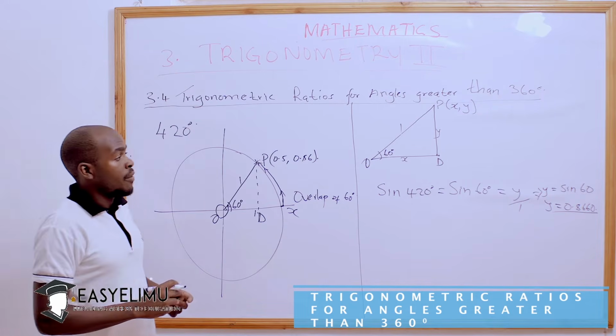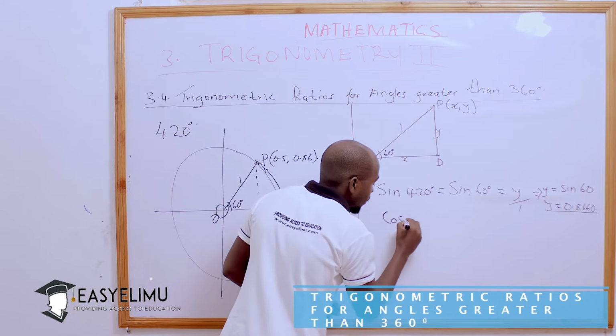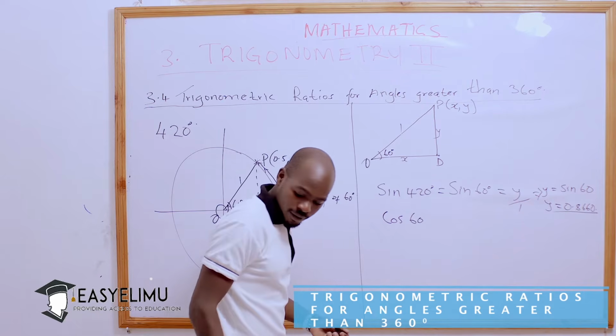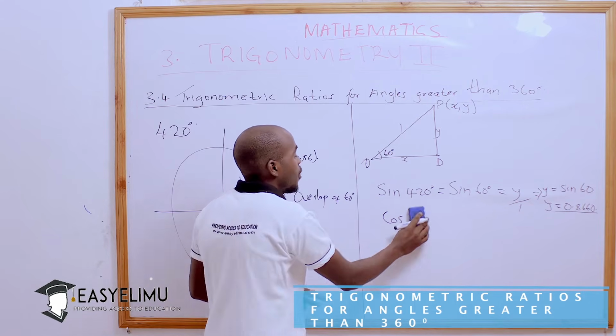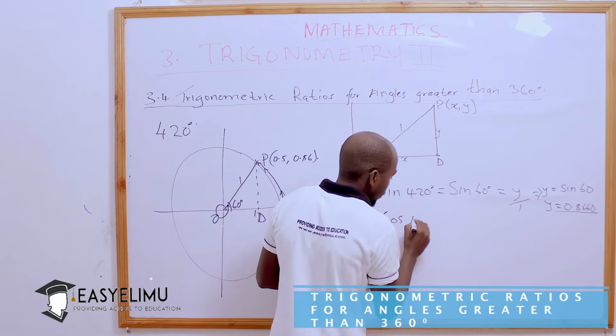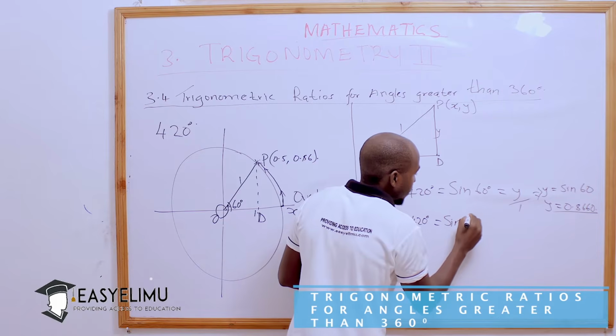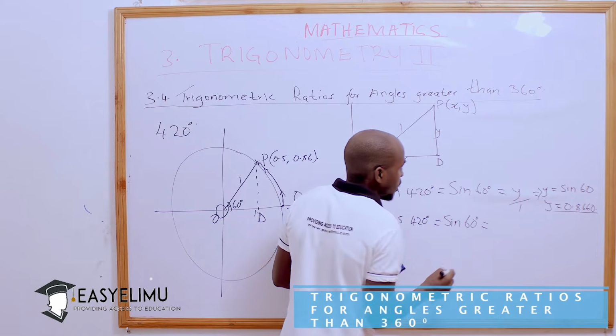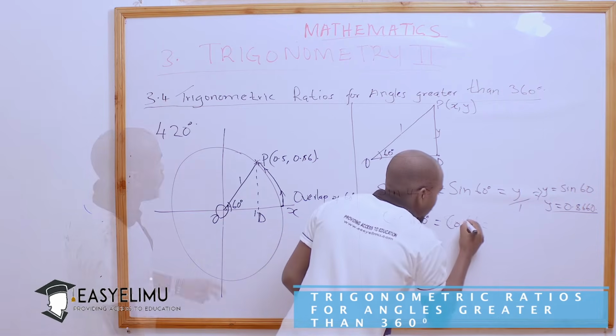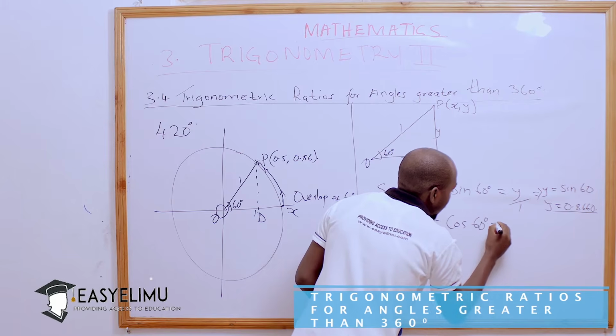And for the cos of that angle, cos 420 degrees is the same as finding cos 60 degrees.